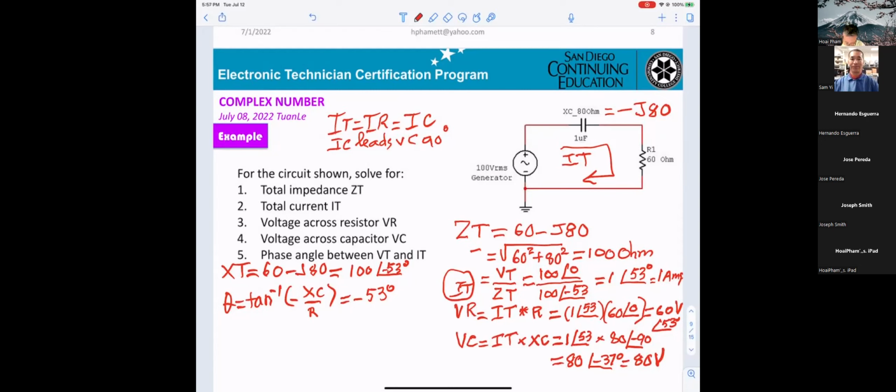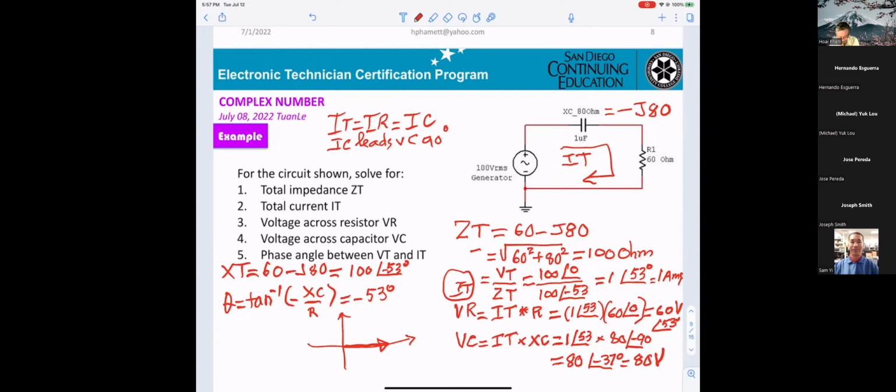That's what I want, if you want to draw that. Do it on your coordinates. So now, which one do you want to be here? VT. VT and IT get a different phase.